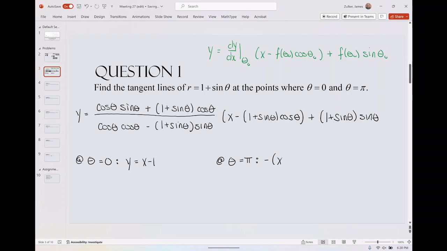I'm sorry, it's negative 1, but then we have the minus, so that's where the positive comes from. And y is 0. Tangent line is y equals negative quantity of x plus 1, or negative x minus 1.